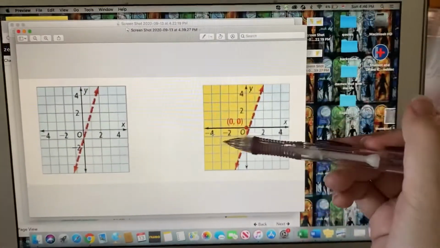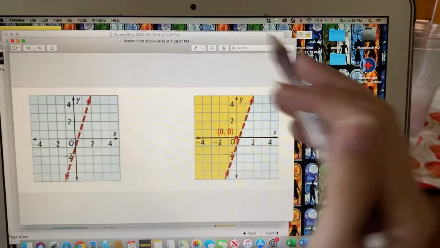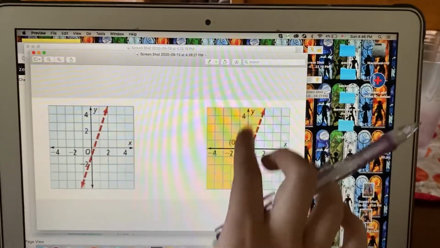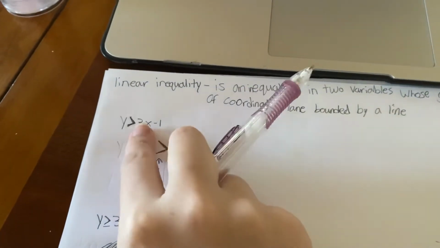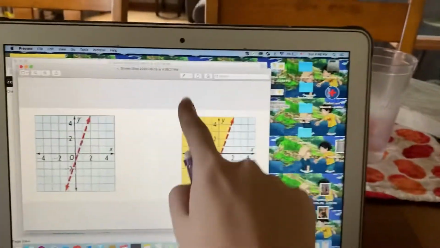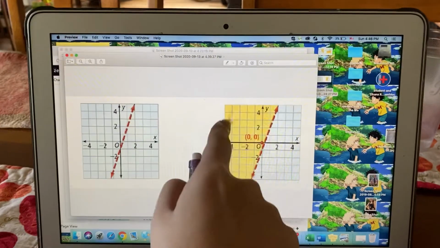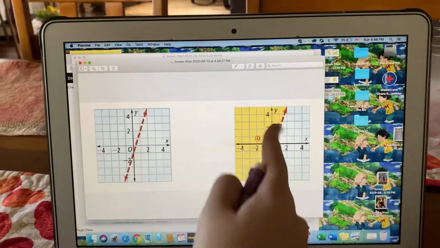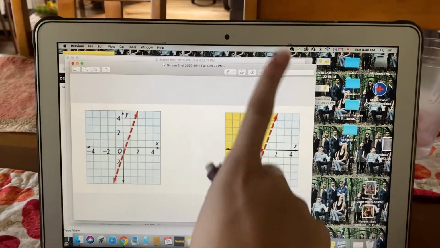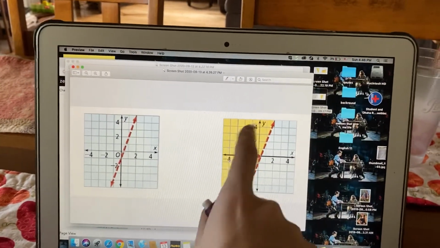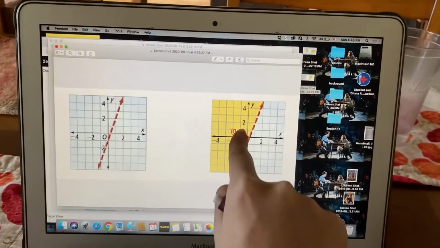Now, the reason it is shaded on this side is because y is greater than 3x minus 1. So if it's greater, then you're going to shade all up here.